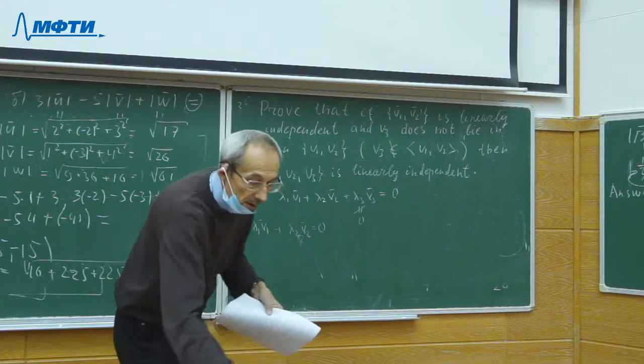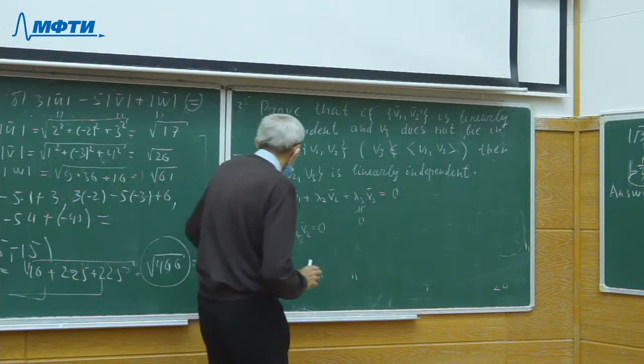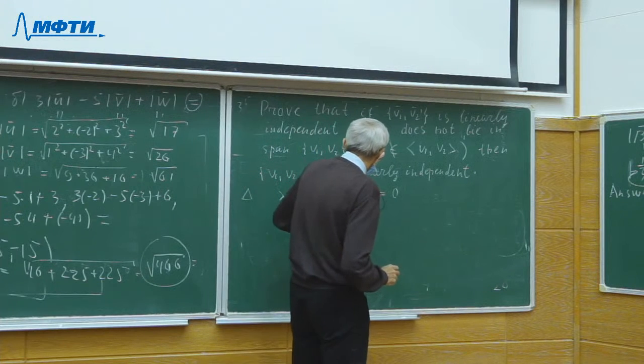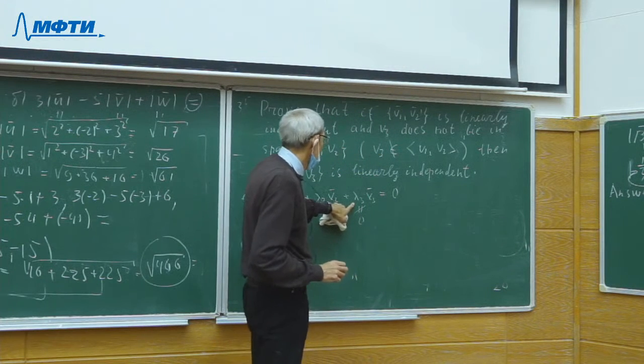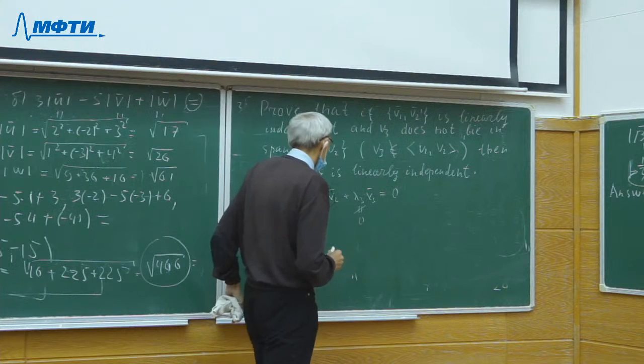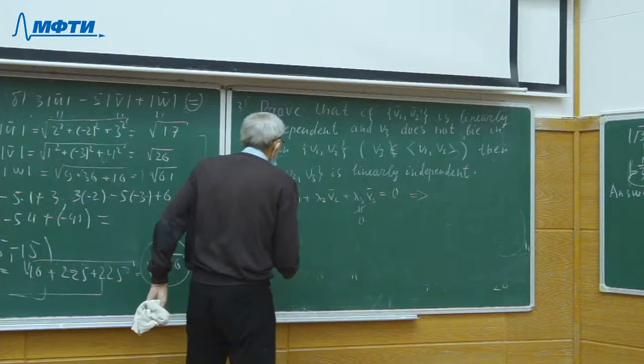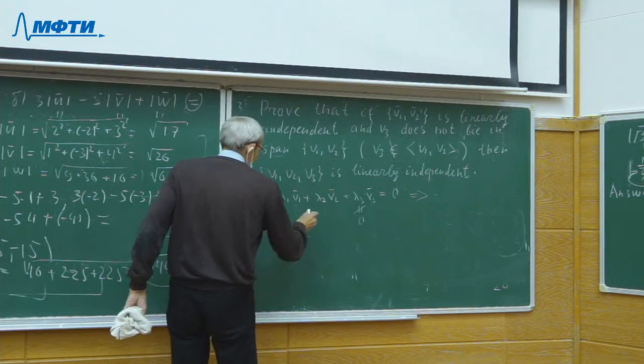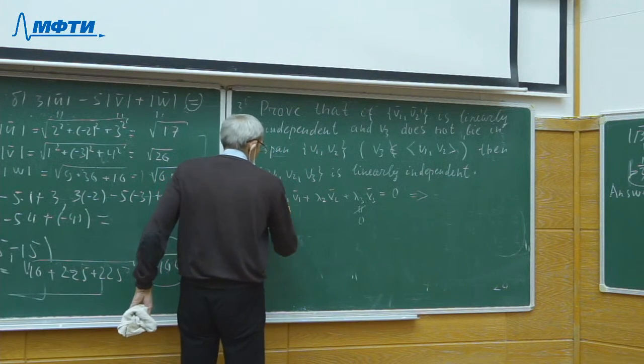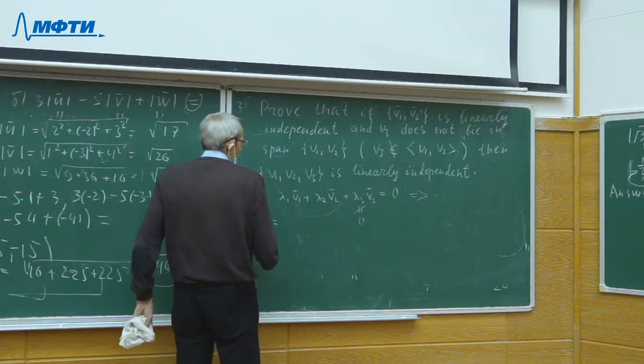I'm sorry. Suppose that lambda 3 is not 0. Then I can express v3 as a linear combination of the other vectors.